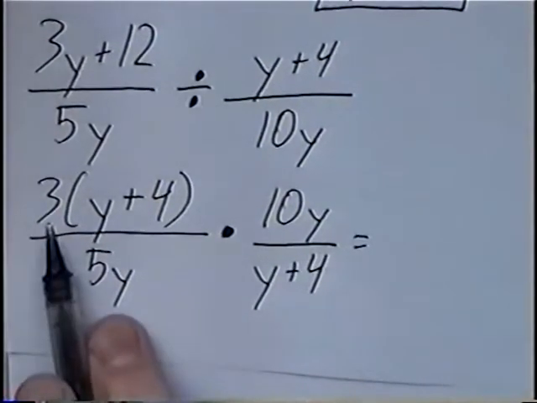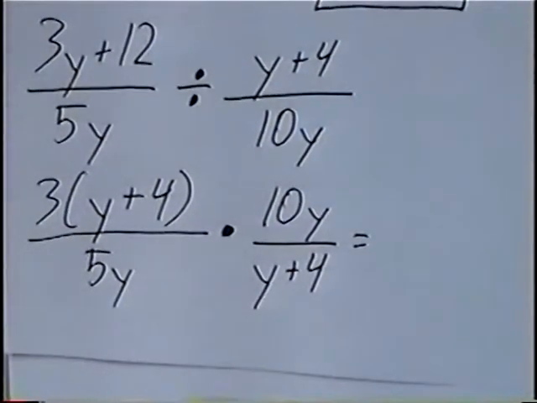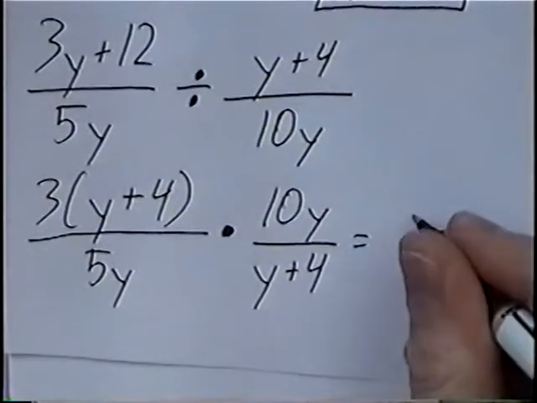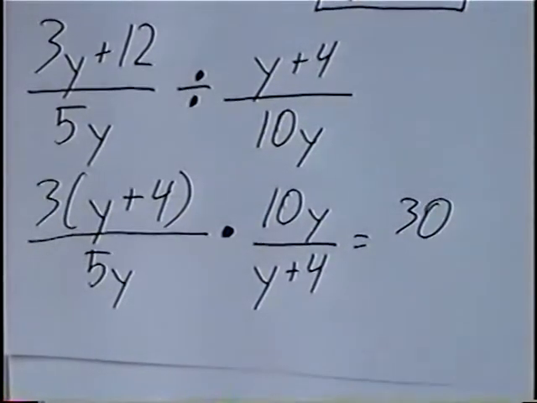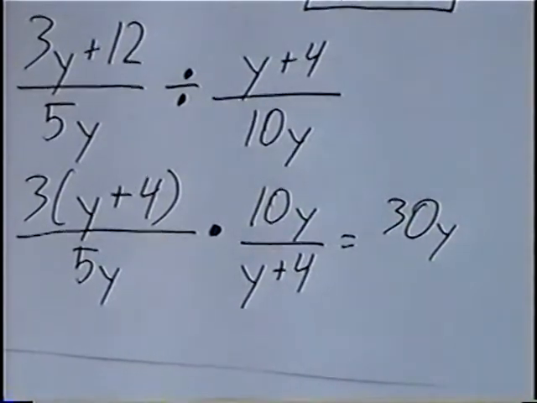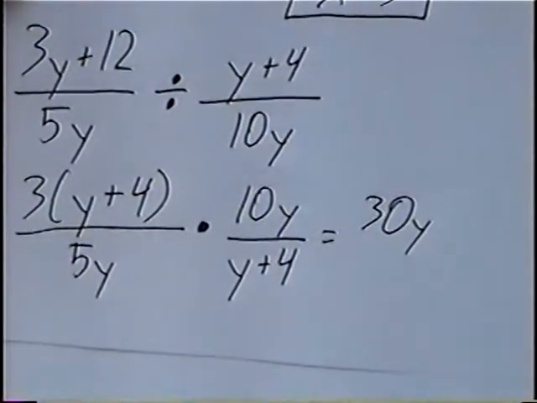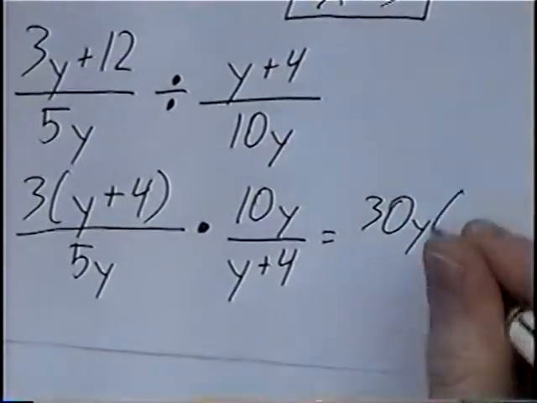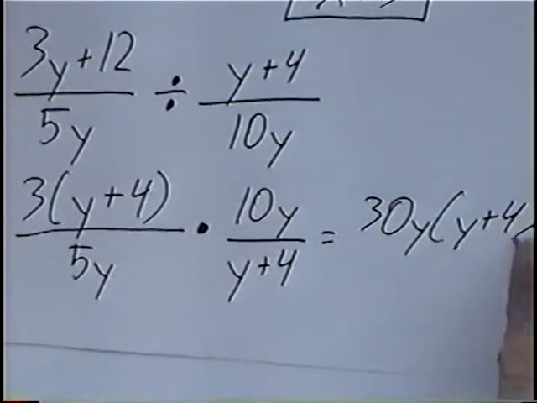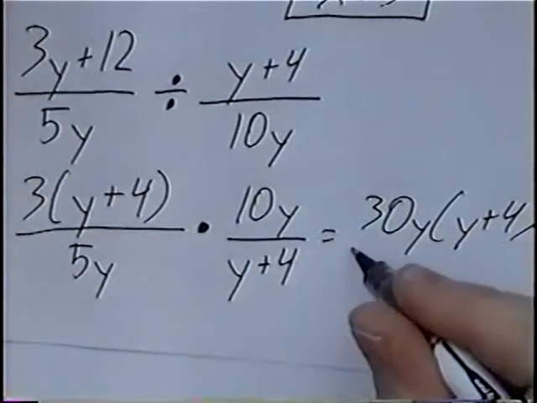Common numbers or coefficients like 3 and 10, we can multiply. 3 times 10 would be 30, and the y we can leave on there. So 3 times 10y would be 30y. And the factor y plus 4, we can leave in parentheses in case this cancels out as a factor at the end.